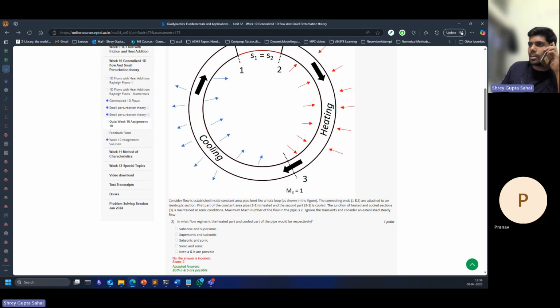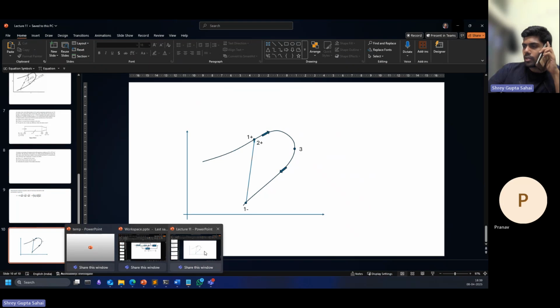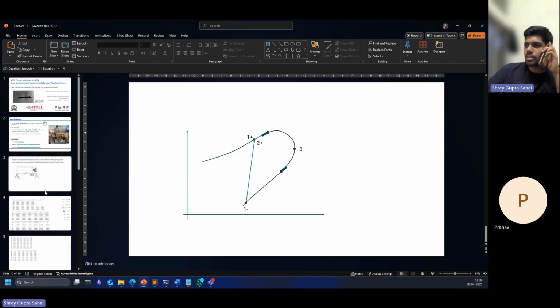So if you heat it in sonic regimes, what happens? It cools down, I think. Somewhere it breaks down, or only in the subsonic regime.